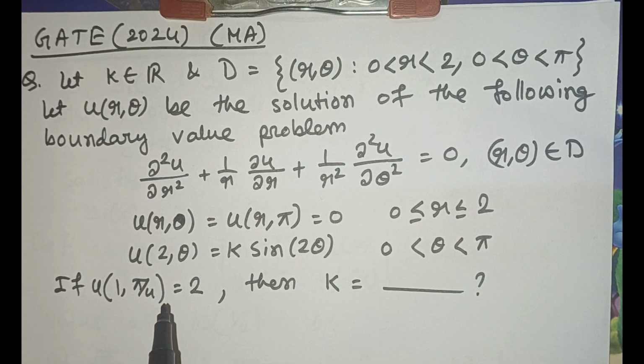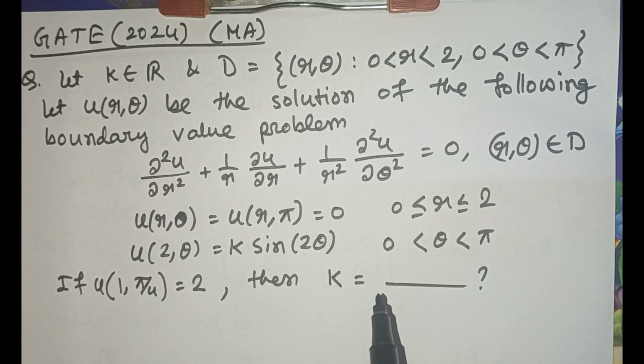Now if u(1, pi by 4) equal to 2, then we have to find the value of k.